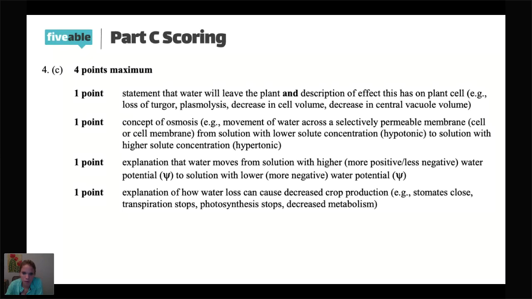So we're moving from low to high here. So we're kind of going backwards. And it's moving from more positive, which is higher. So that's going to be lower solute concentration. So if the solute concentration is high, the water potential is going to be low.